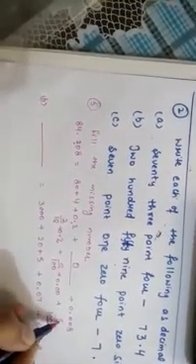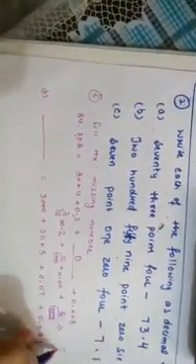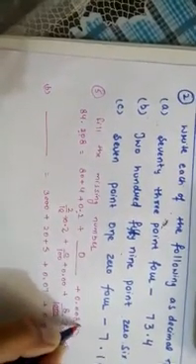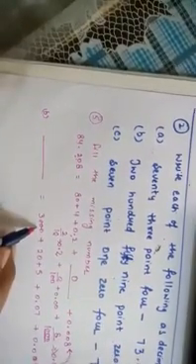If downside 3 zeros are there, then upper side 3 digits we will leave. How do we leave 3 digits? We have only 1 digit 8, so we will put 2 zeros by ourselves, then put a point. Like this way this came. Clear to all?